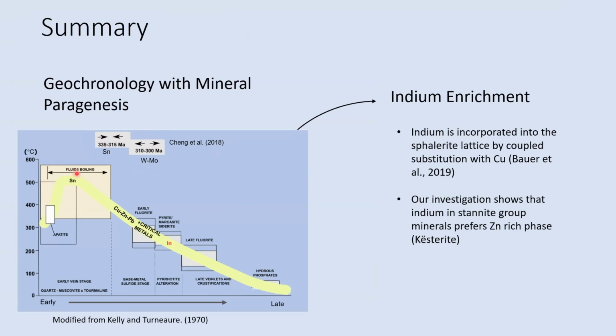And after the tin phase, that's when you start to precipitate out the critical metals with the base metal mineralization. And that's when the moly and the tungsten come out, and then indium comes out at around 200 to 300 degrees Celsius. We know this because we know the temperatures that are normally associated with indium mineralization.